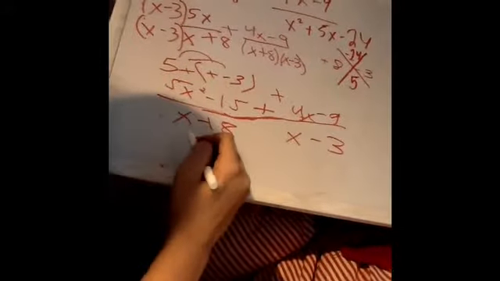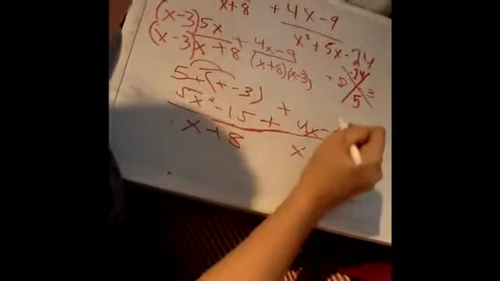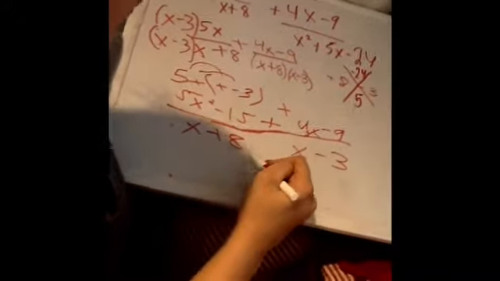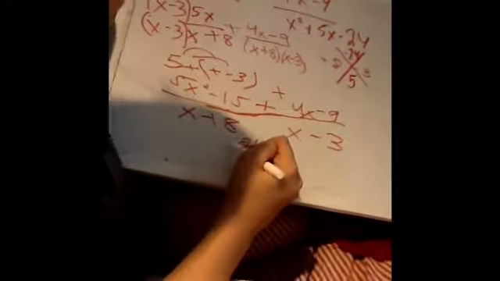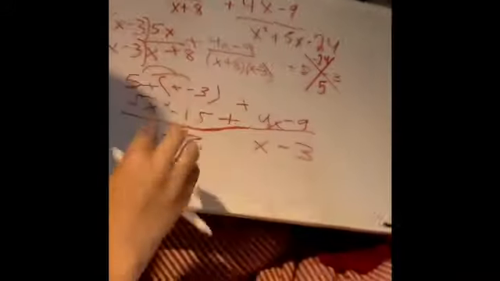So 5x squared. The like terms are 15 and 9, right? So let's add those two together. 24. Wait, dude, that's it, though. What the heck, though?